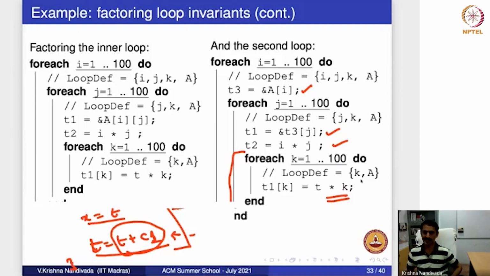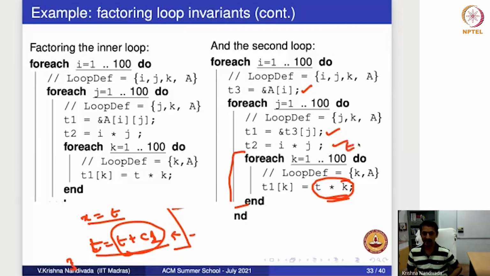If you look at t times k, what do you see? What is the value of this expression when k equal to 1? T. K equal to 2? 2t.